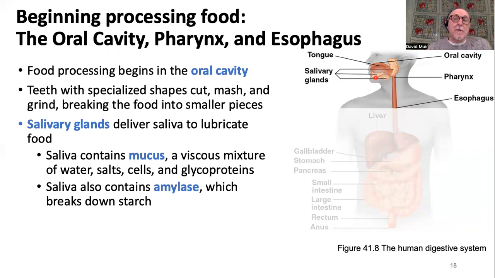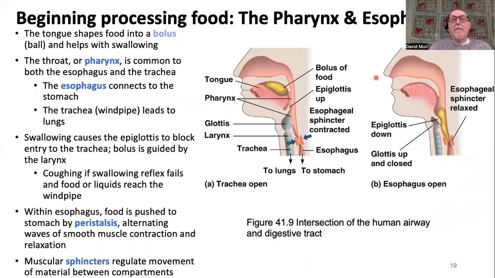Amylase is responsible for breaking down starch. Starch is a complex structure made entirely of glucose molecules, all polymerized together, and amylase will break that down. The tongue forms that bolus, and it also pushes the food to the back of the throat.